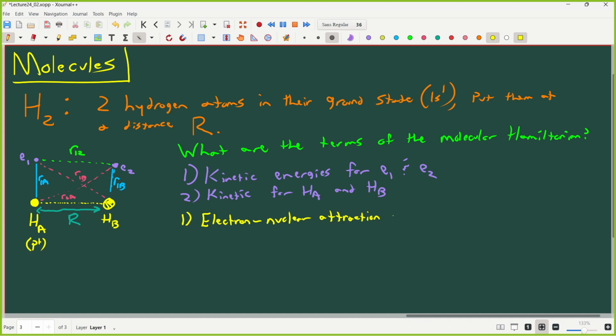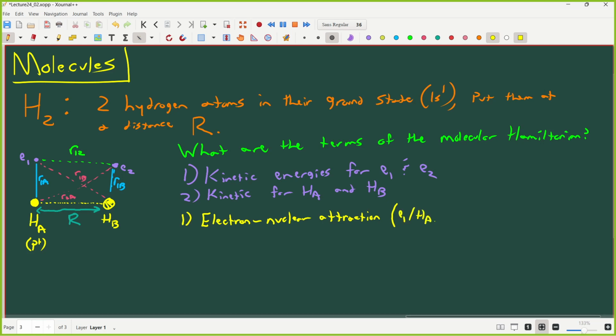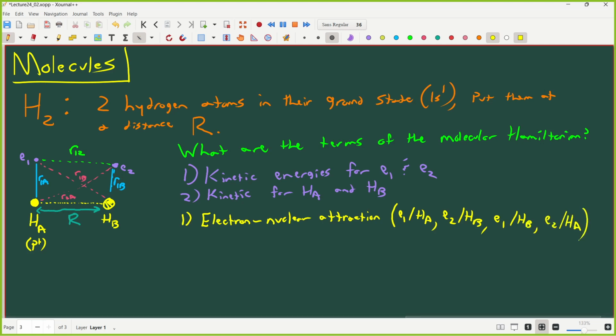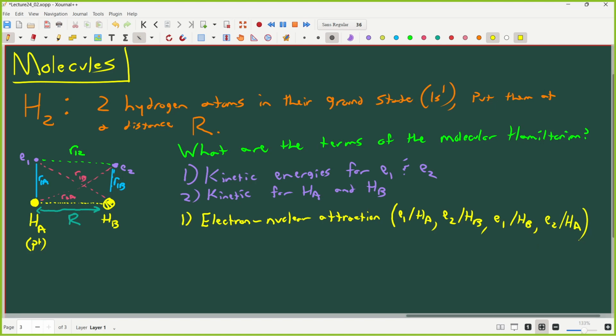So there's going to be one for E1 and HA, E2 and HB, E1 and HB, and E2 and HA. They all feel each other. And then, this is 3, sorry, not 1. And then we also have some repulsions, because we have two electrons, and we also have two nuclei.